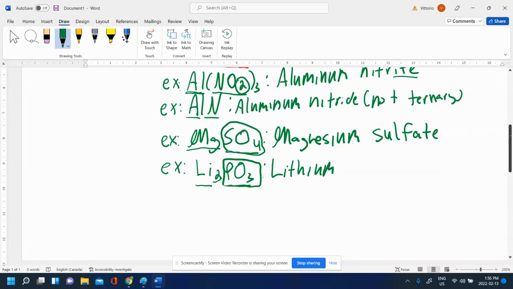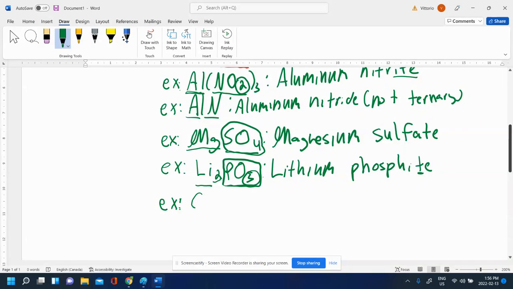If you don't remember this, go to your reference chart. You'll see it's PO3, not PO4. If you look at PO4, you'll put phosphate by accident. This is PO3 with a 3 at the bottom, and that's lithium phosphite, ITE, instead of ATE.